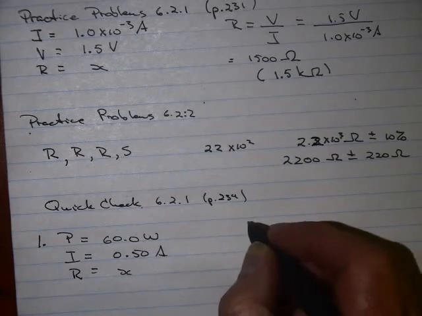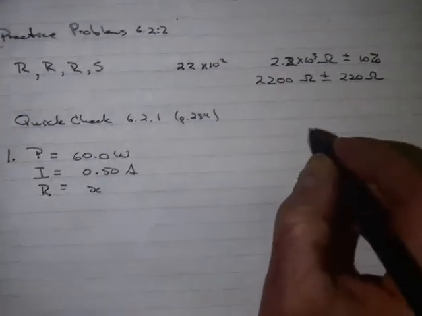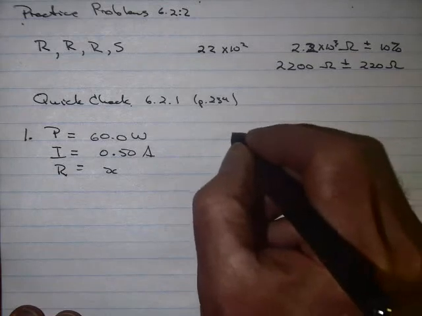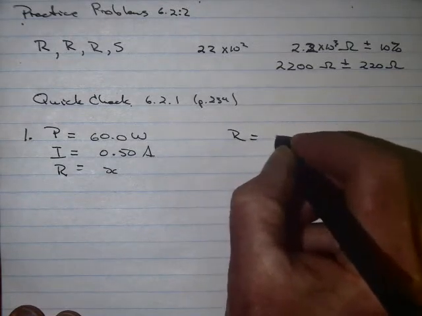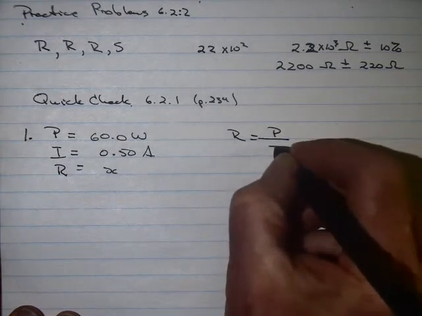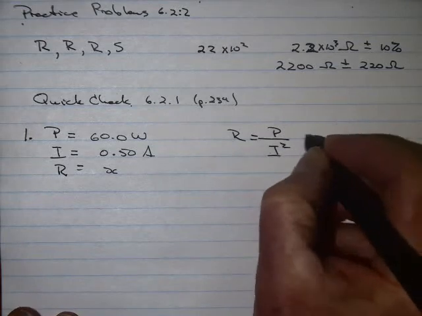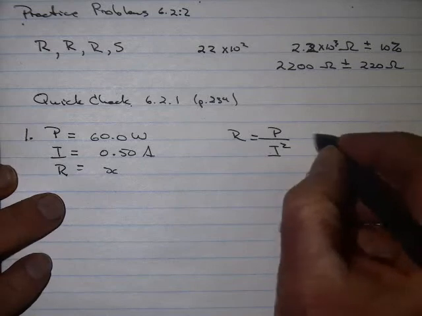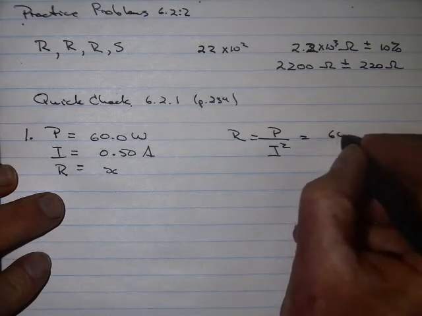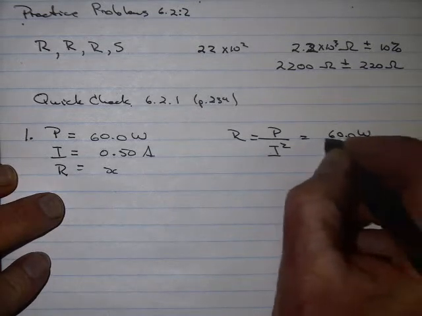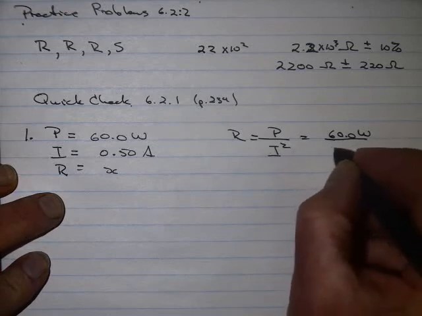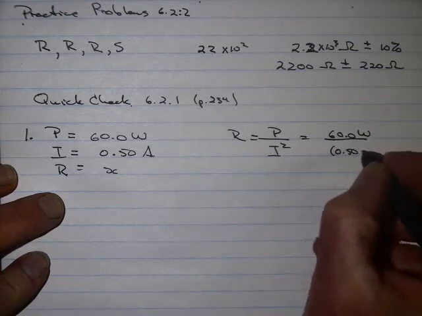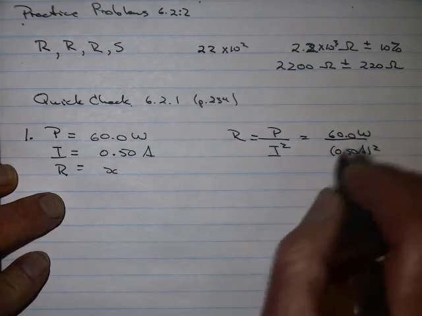So going back to that circle memory aid, resistance is equal to P over I squared. So power divided by the square of the current. So which is equal to 60 watts divided by 0.50 amps squared.